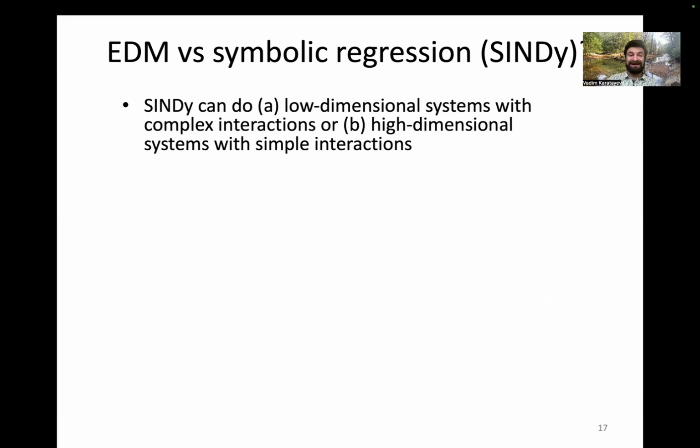Or we can do symbolic regression in high-dimensional systems, but then we need a very limited set of interactions, and maybe equations where everything is additive, basically, and maybe a limited set of which variables interact with which. Okay, so you can do complex interactions in simple systems or simple interactions in high-dimensional systems.